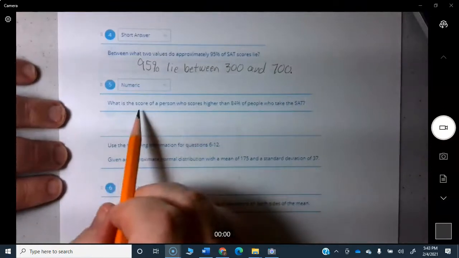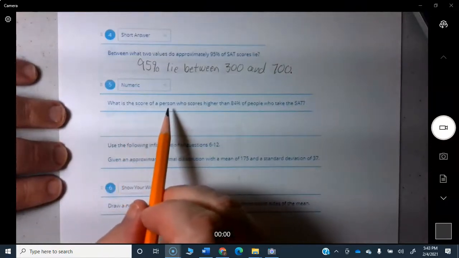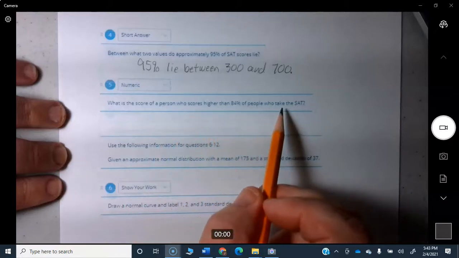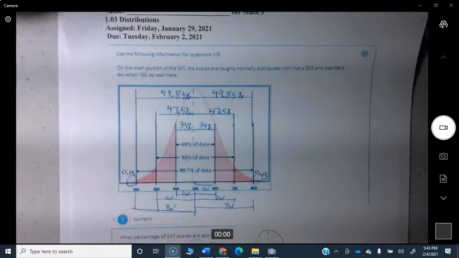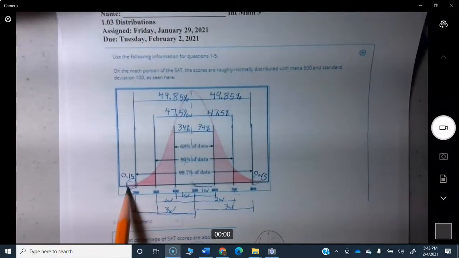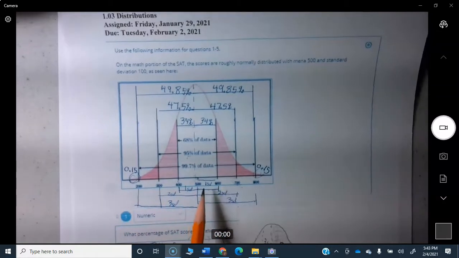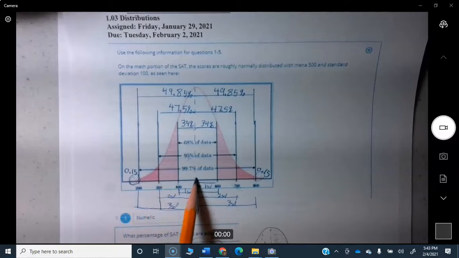What is the score of a person who scores higher than 84% of the people who take the SAT? So where's 84%? Let's start at this side and count percentages until we get up to 84%. Well, 50% is this entire side of the curve.